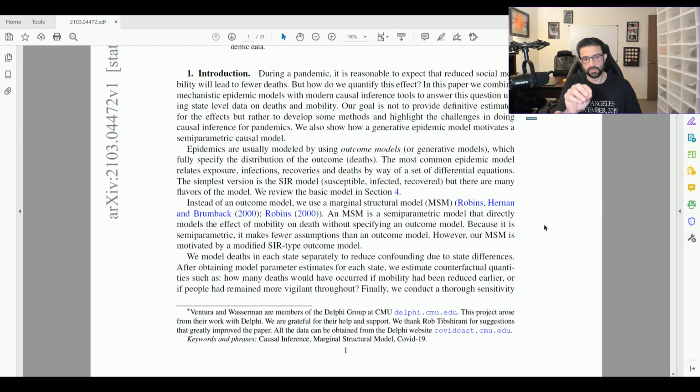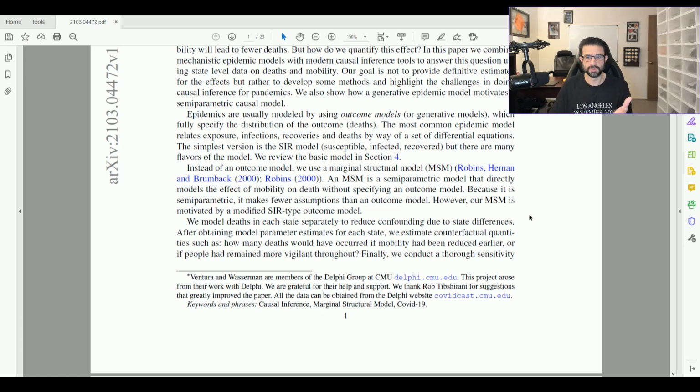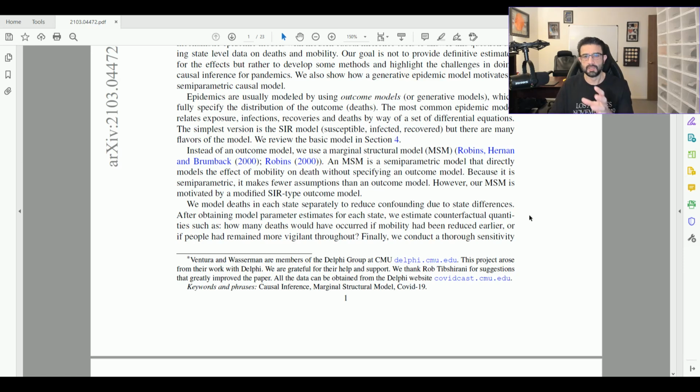And so what they're going to do here is compare their marginal structural model to that SIR, susceptible, infected, recovered model. Now, other papers have done similar work. What they talk about in the introduction is how their paper produces similar results to some external papers, but is a contrast in approach to others.